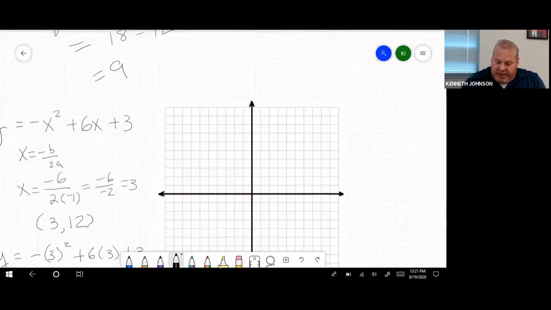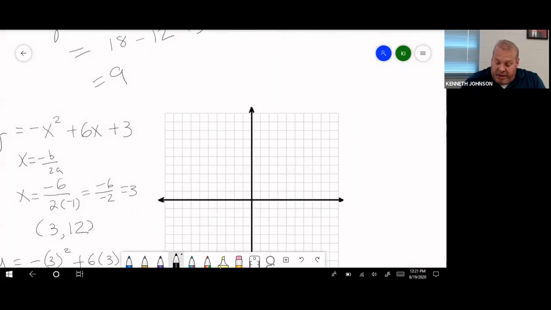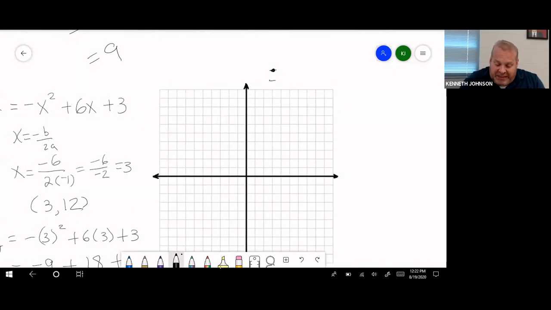Well, that's dandy since I made a graph that's 10 by, but 3, there's 10, 11, 12. And that's my vertex there at 3, 12. And I can draw my axis of symmetry in, which is the line x equals 3.